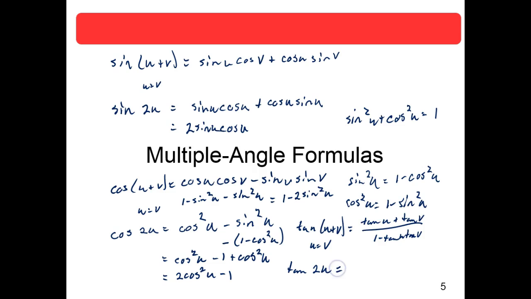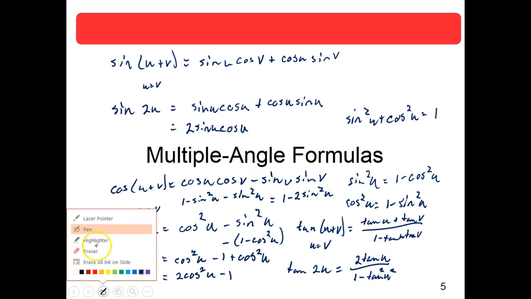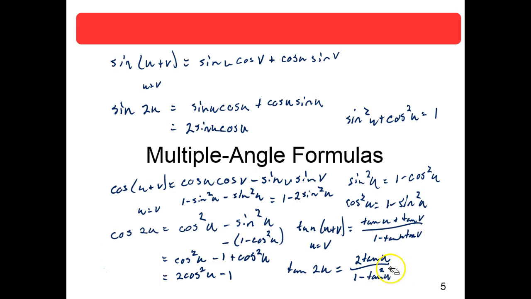Happy tangent 2u. And if u is equal to v, what do you have on the right-hand side? 2 tangent u over 1 minus tangent u squared. No, tangent squared u. Duh. If I had put parentheses in there, that would have been all right, but I didn't. Okay, tangent squared u. All right, and that's what you get.